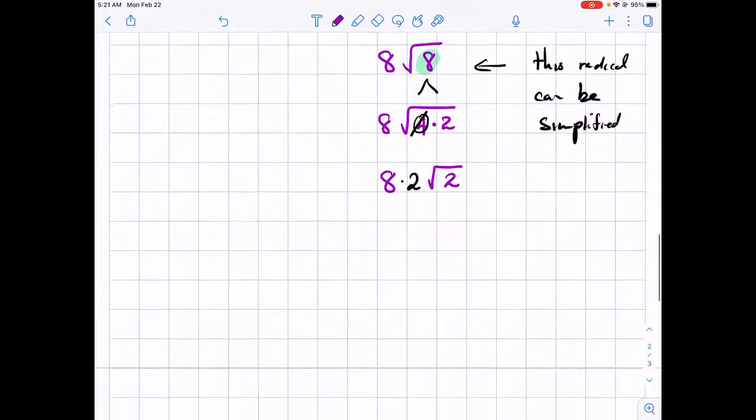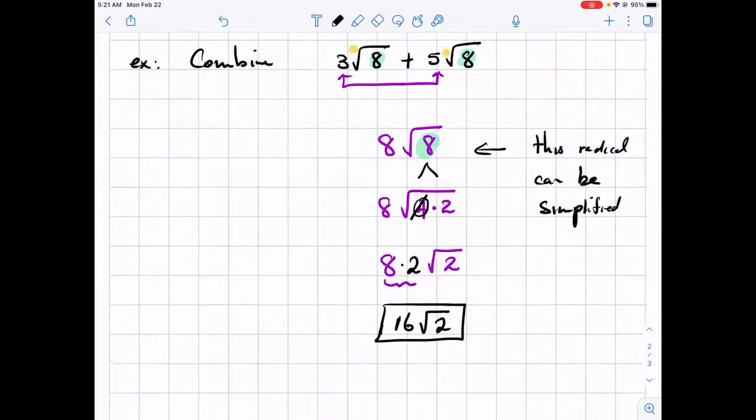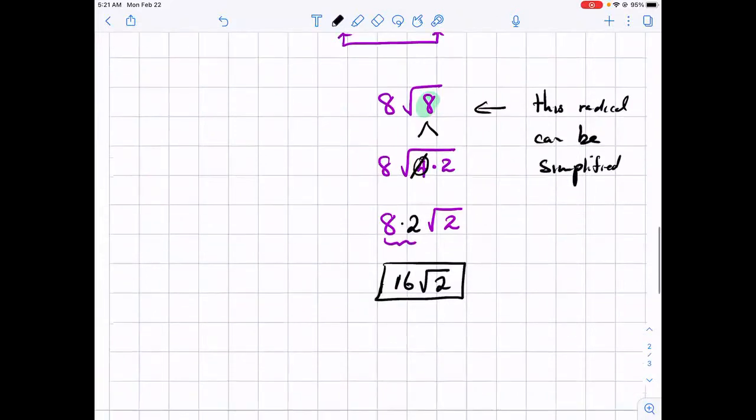Notice that when we take the square root of it, we pull it on the outside. Now you can multiply these two. So the final answer we have is 16 root 2. So be careful, right? Sometimes you're going to have to simplify even before you add them. You always want to check your answer to see if there's any simplification to it.